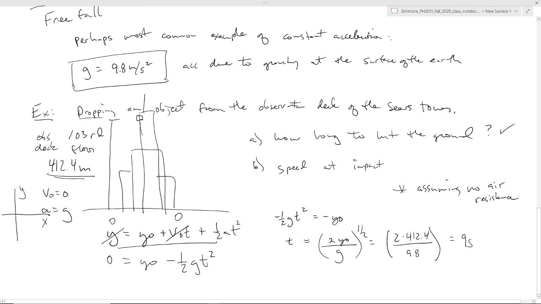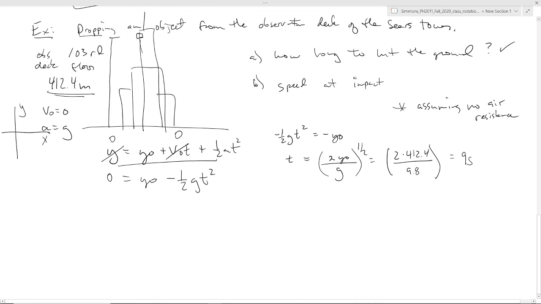The other thing that we want to know is, how fast is this going to be going when it hits the ground? So we can do this in a couple different ways. Like I mentioned before, there's multiple ways to do this. One way would be to use our expression that we already talked about that doesn't involve time. I'll put this as delta y.